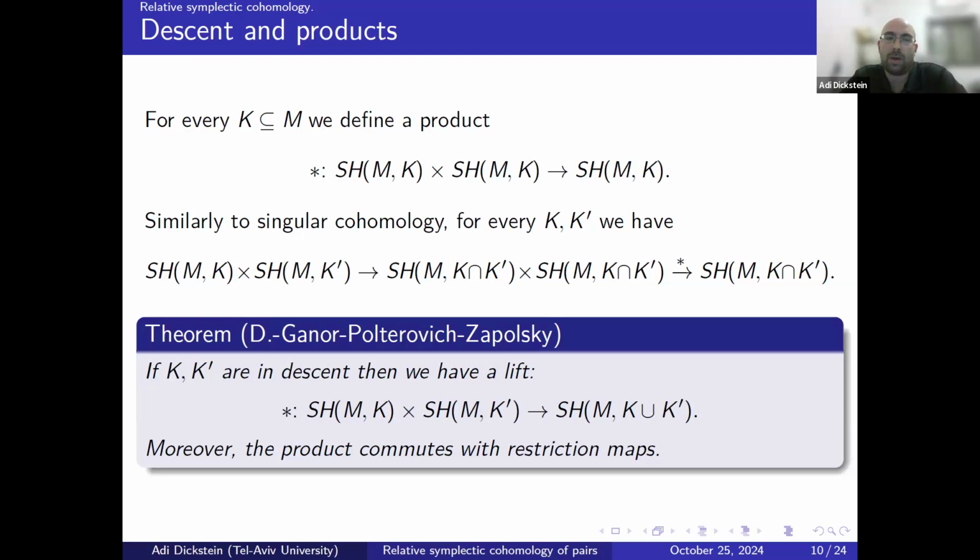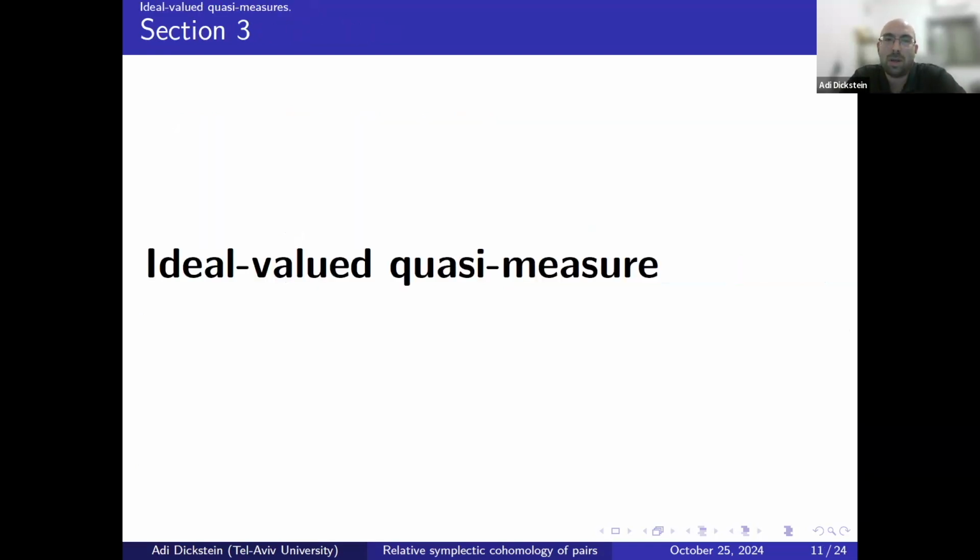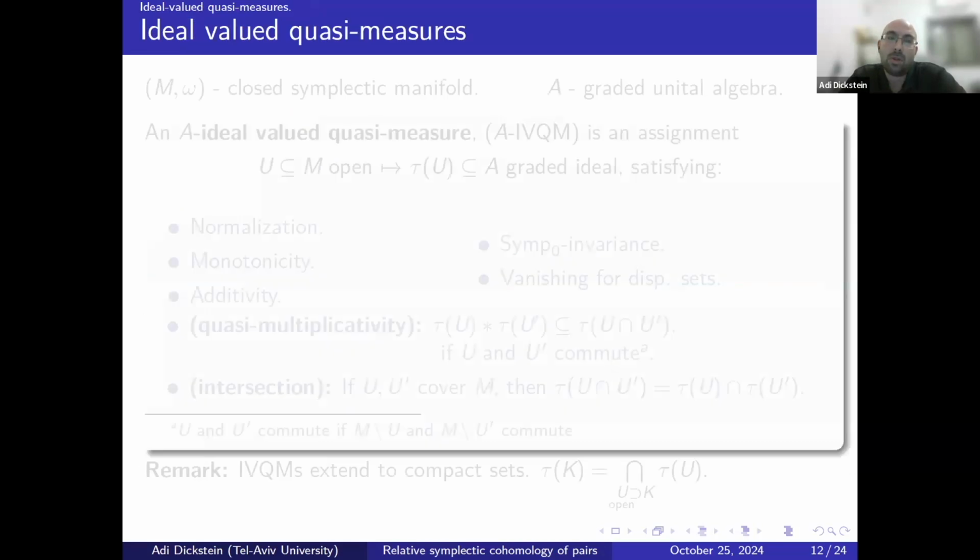Now, how can we take a few of this information into a geometric tool? So we defined a new object called an ideal valued quasi-measure. This is a symplectic analog of the ideal valued measure that was defined by Gromov. The definition goes as follows. Let M be a closed symplectic manifold and A be a graded unital algebra.